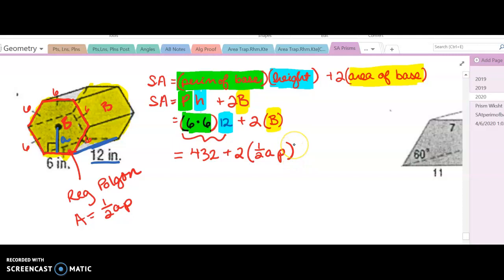Yes, we do. So I'm going to do a couple of things here. I'm going to recopy the 432. And then I'm going to cancel out 2 times 1/2, which is just 1, right? So instead of writing all that out, I'm just going to write plus A times the perimeter, which we said was 6 for each side times 6 sides.